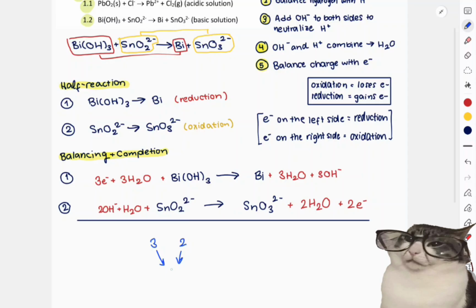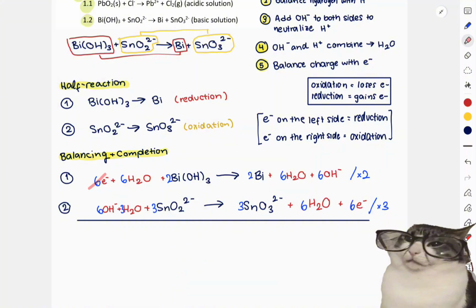However, we can cancel them out if we get them to be a common number. So what is a common number between 3 and 2? That would be 6. So we multiply the first reaction by 2 and the second reaction by 3. And that will give us these two reactions whose coefficients have now changed.